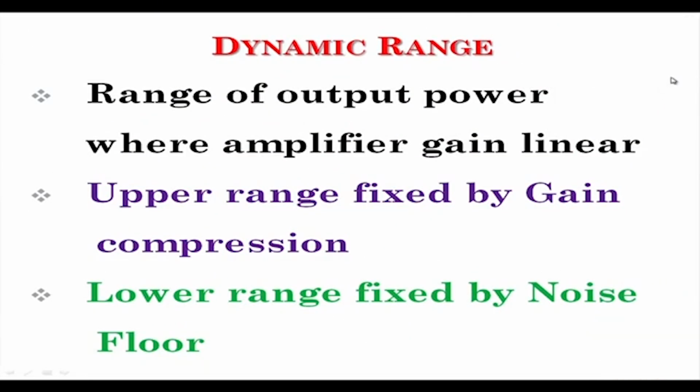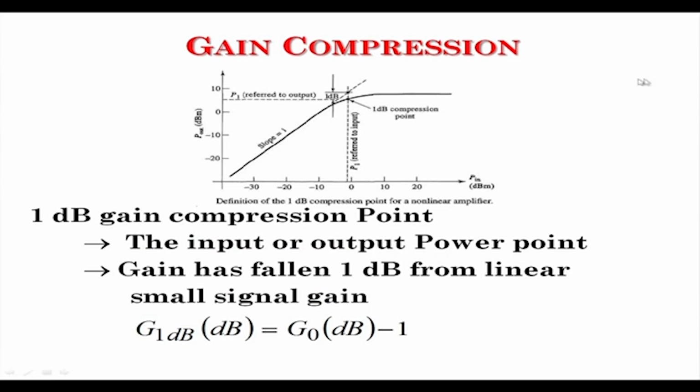So, now if we see this, I can say that from here to here I can use the system, because in amplifiers we need to have linear behavior. If the transfer characteristic is not linear, then the amplifier will have problems.